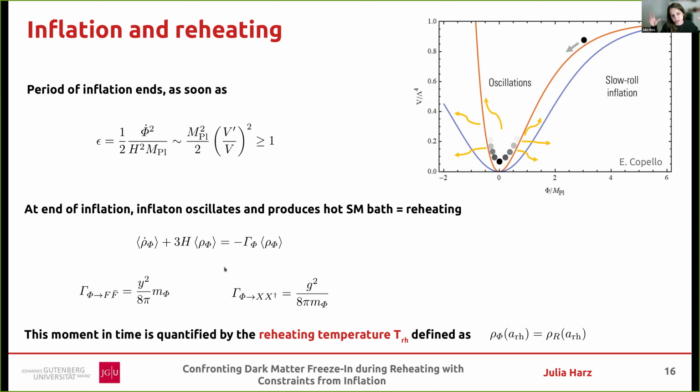The energy density of the inflaton decays into radiation, and at some point the energy density of the inflaton is equal to the radiation energy density. This is what we call the reheating temperature. It is the interesting bit when we go from the previous picture, where we only started with radiation domination, to having an inflationary phase before.